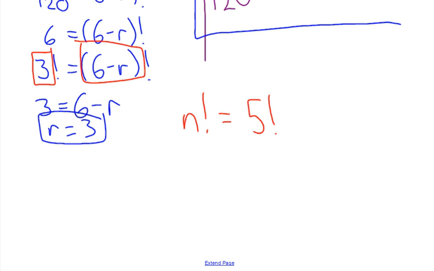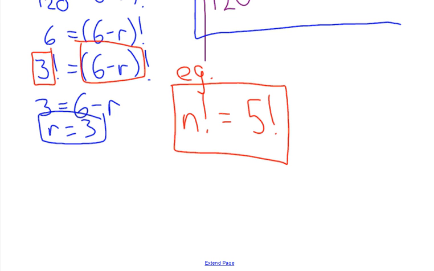That's good. So guys, just as an example, one last thing to look at. If you're given this here, what is n? 5. Good. n is 5 in this case.